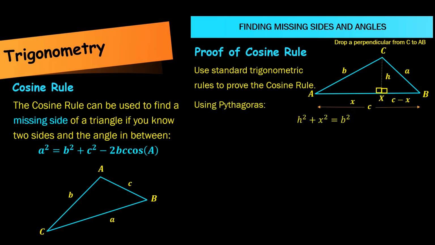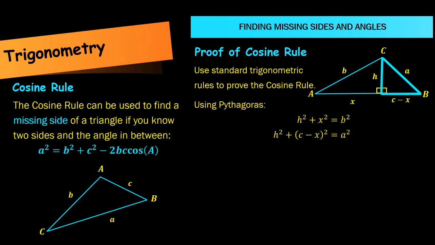First, begin with Pythagoras. In this triangle, we have that h squared plus x squared equals b squared, as shown.